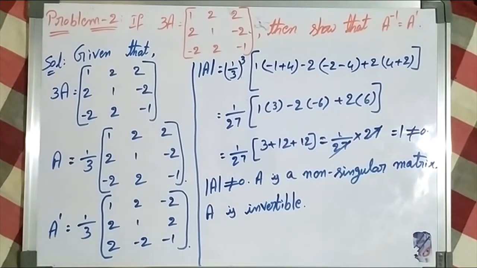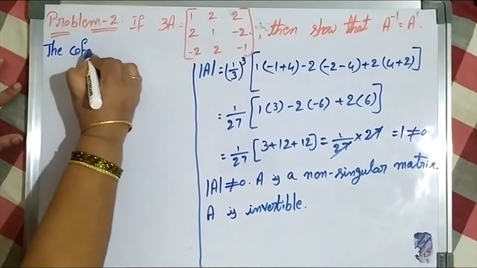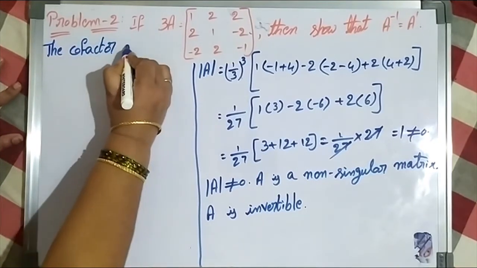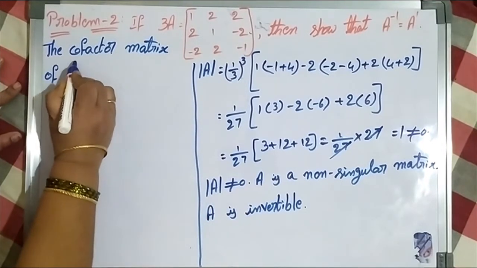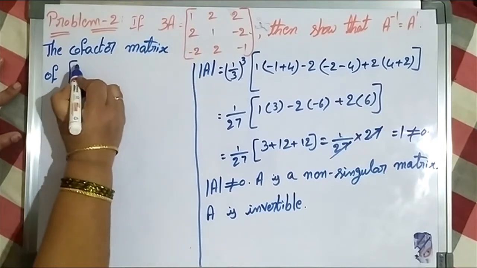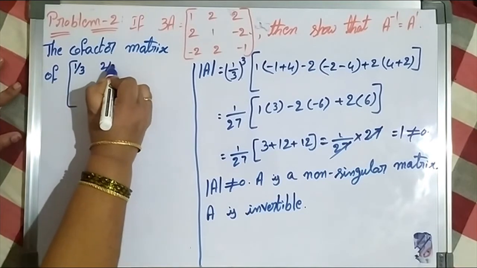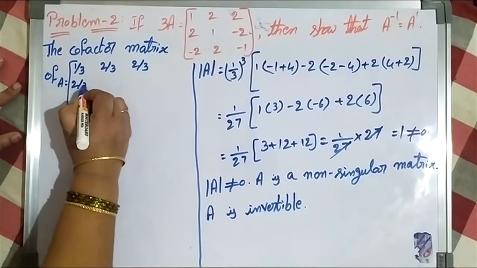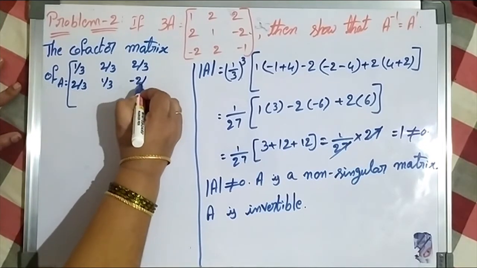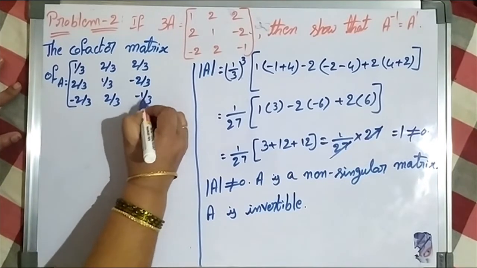Next, we multiply the 1 by 3 with each element: 1 by 3, 2 by 3, 2 by 3, 2 by 3, 1 by 3, -2 by 3, -2 by 3, 2 by 3, -1 by 3.